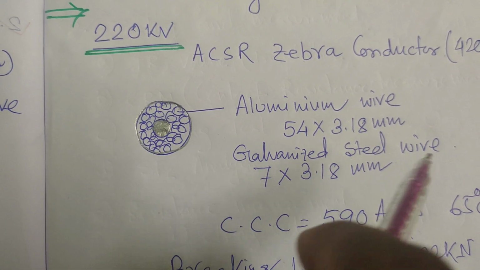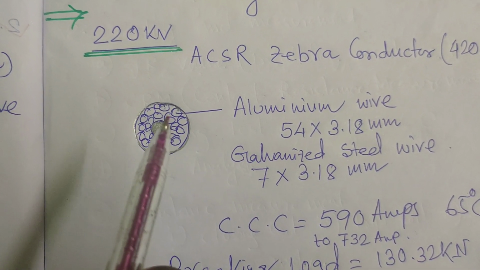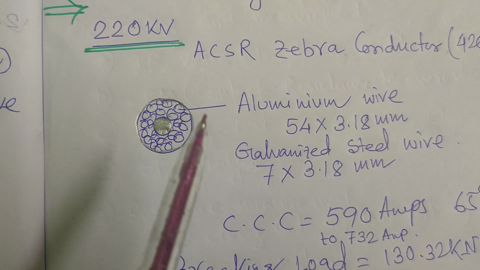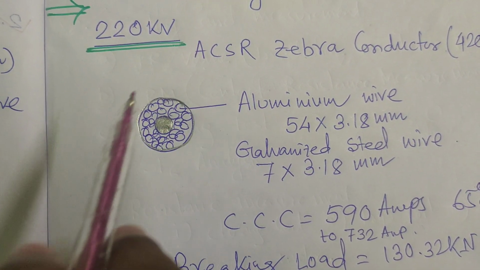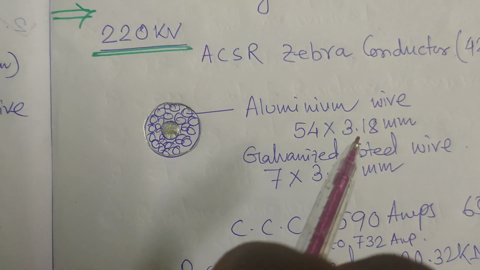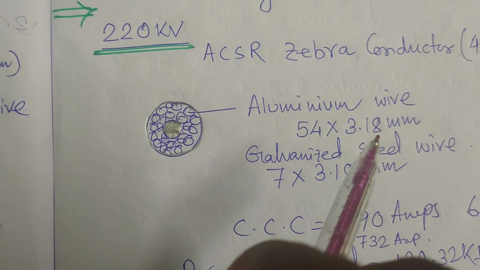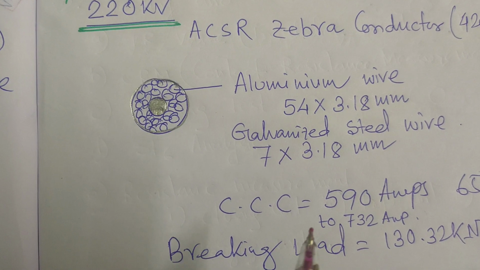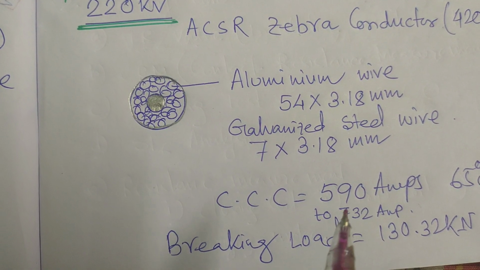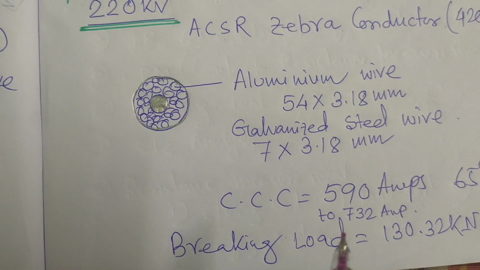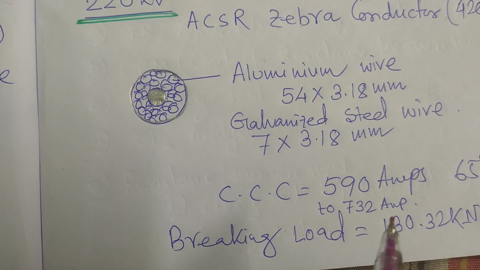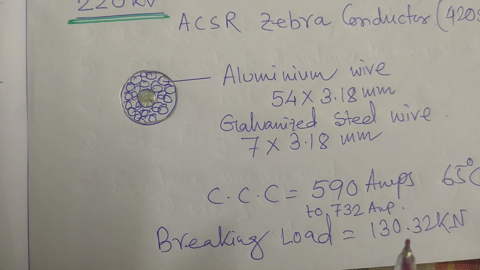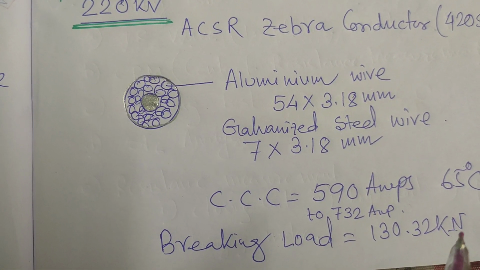So galvanized steel wire 7 into 3.18 mm, and 54 aluminum wires surround the steel wire, each with a diameter of 3.18 mm. Current carrying capacity of the zebra conductor is 590 ampere to 732 ampere depending on the temperature, and breaking load is 130.32 kilo Newton.